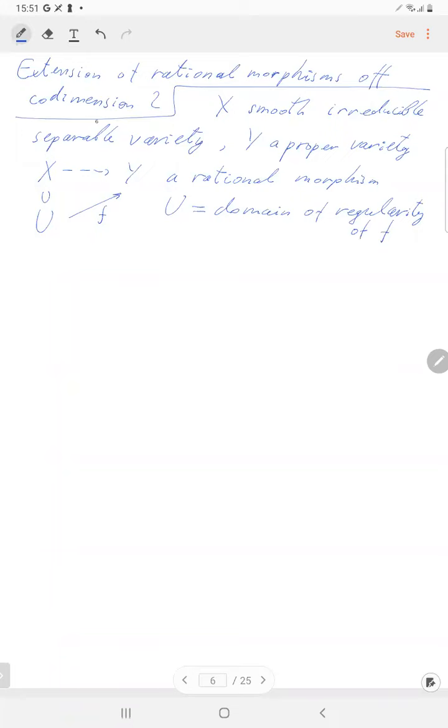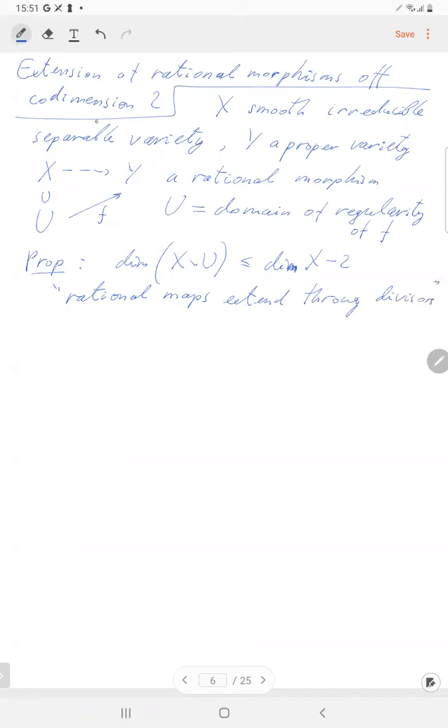Okay, and then the claim we're after is that the dimension of the complement is at most dimension of X minus 2. So in other words, rational maps extend through divisors. I mean, the set U is bounded from above by quasi-compactness, but why can't one keep adding regular domains to it where F is regular, a little at a time, but infinitely many times?